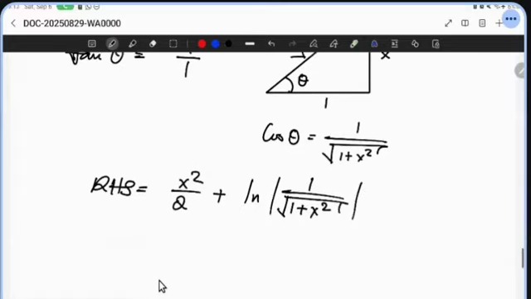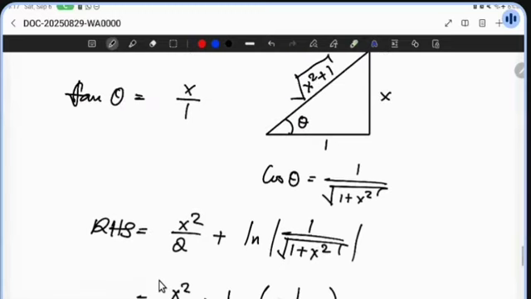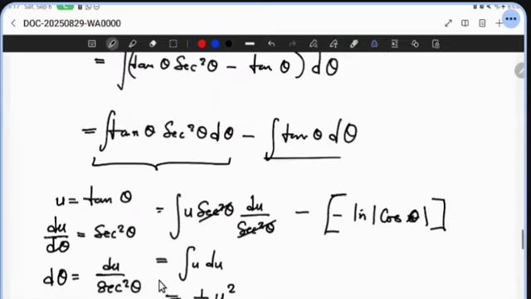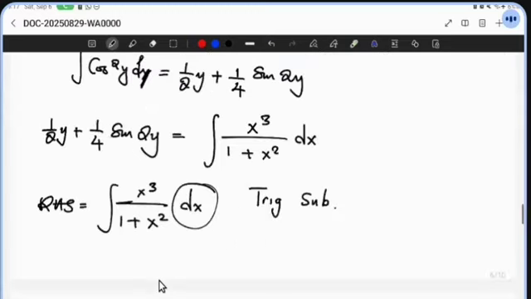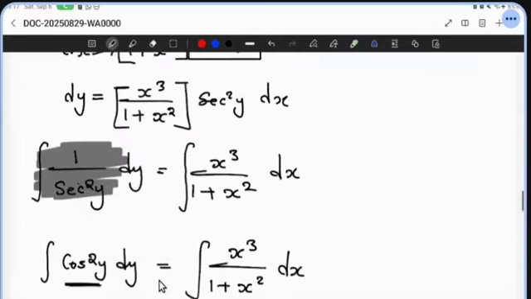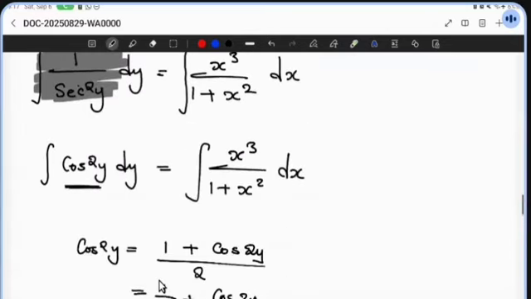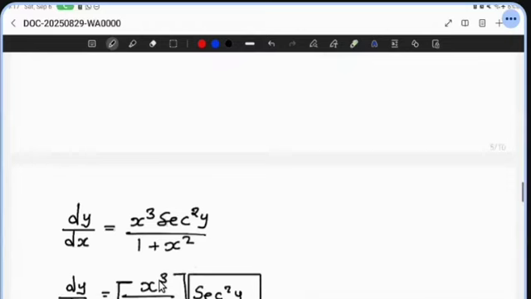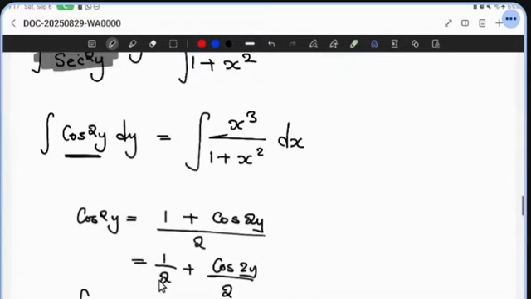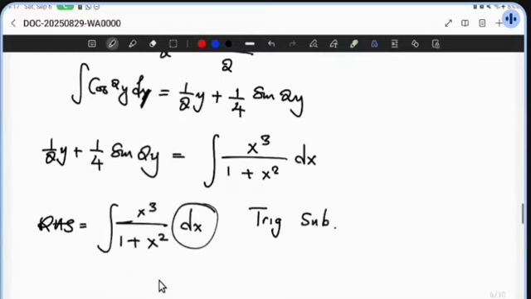Now I see that there's no way this expression will ever be negative, so I can just present it as this: ln of 1 over root of 1 plus x squared. Putting them all together, the left-hand side, we concluded that it gave us this.